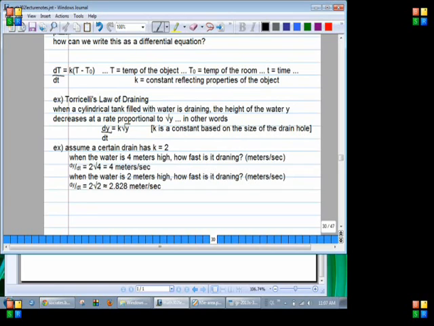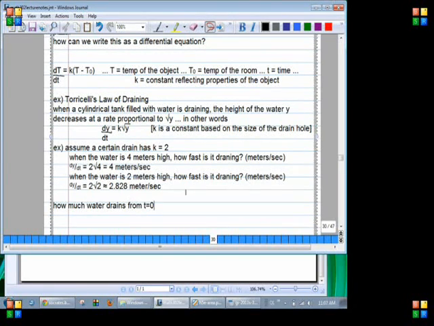So what if you wanted to know in this situation how much water drains from t equals 0 to t equals 3 seconds?